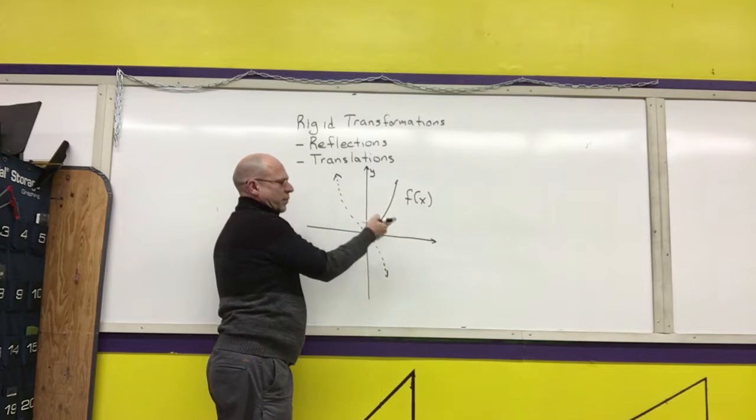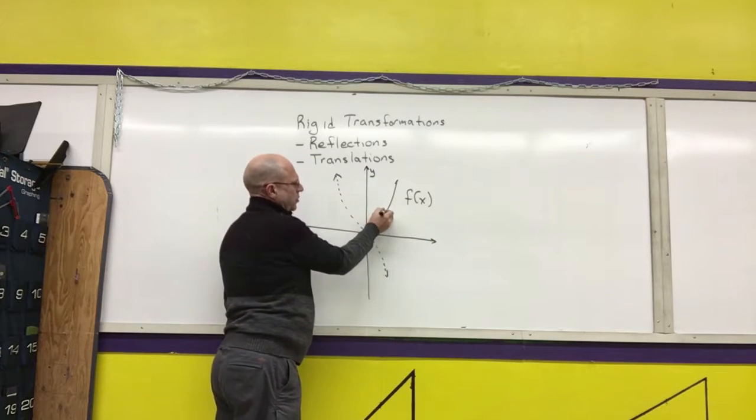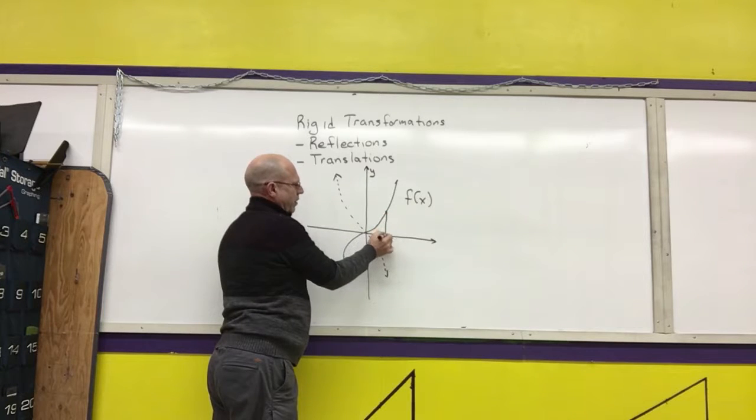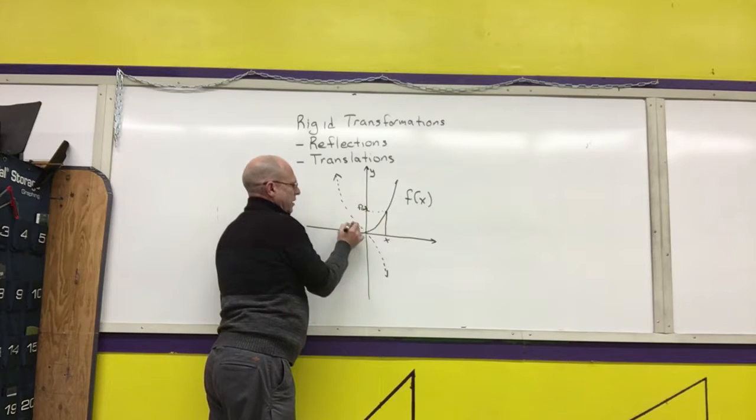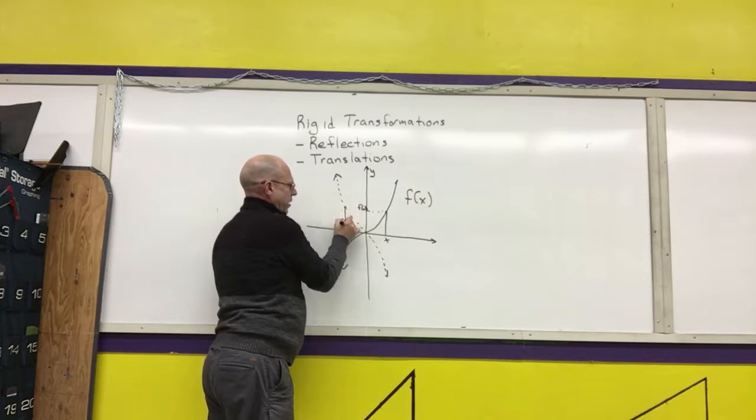And when we talked about symmetry of functions, you should remember that the only difference between this function right here, if this is x and this is f of x, is that this one is a negative x.